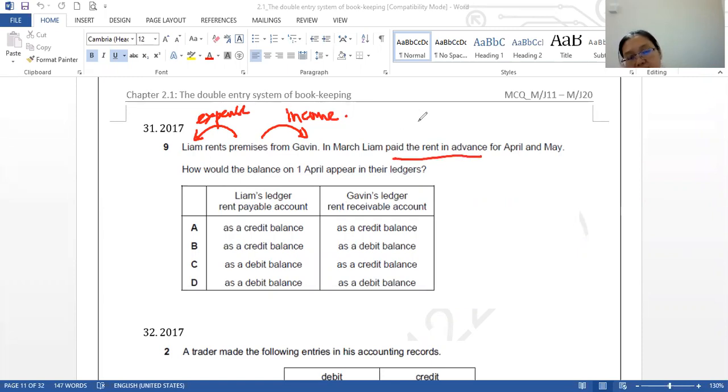Paid in advance: when you have paid in advance for rent, this is an asset, a current asset. But to Gavin, this will be a current liability. So how would this appear in their ledgers? For Lian's ledger, this is rent prepaid. It is an asset, and an asset will be on the debit side. Whereas for Gavin it is a current liability, and a current liability is on the credit side. So your answer is C.